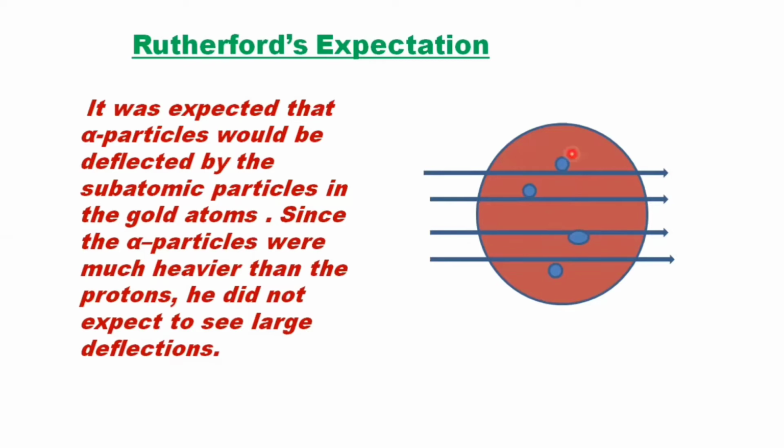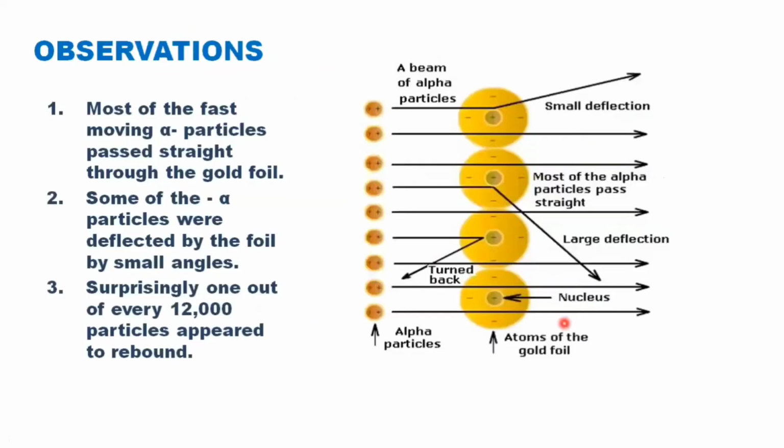So this is the gold atom, and alpha particles are passing like this without much deflection. So he made some observations from the experiment.